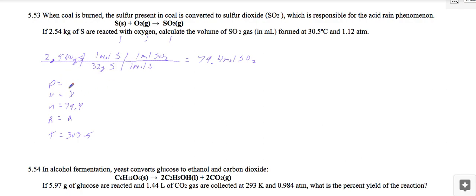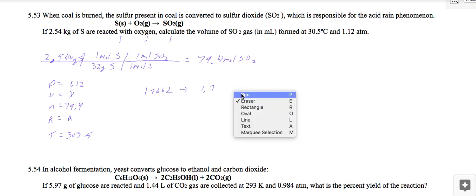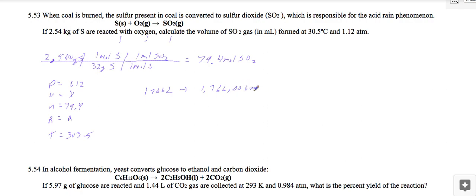And pressure is going to be 1.12. When I did this, I got 1,766 liters, and that would be 1,766,000 milliliters. So there you go.